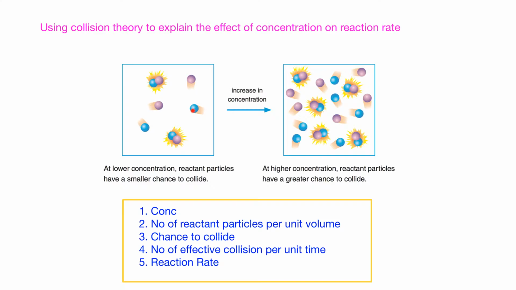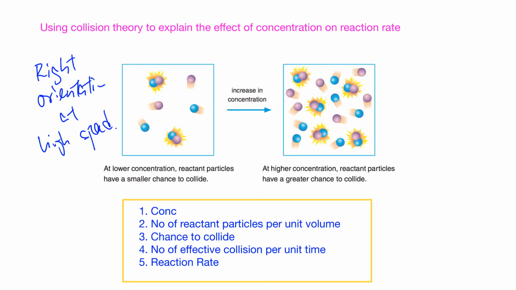And once they hit at the right orientation and also at high speed, that is meeting the activation energy, then you have an effective collision occurring. This will be directly proportional to the number of collisions that you're going to have.